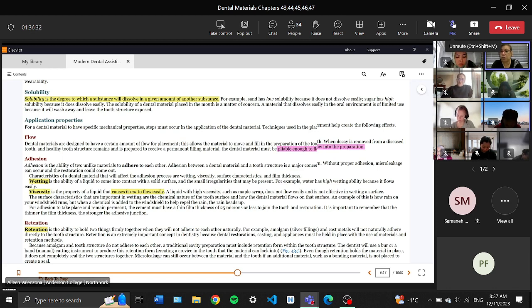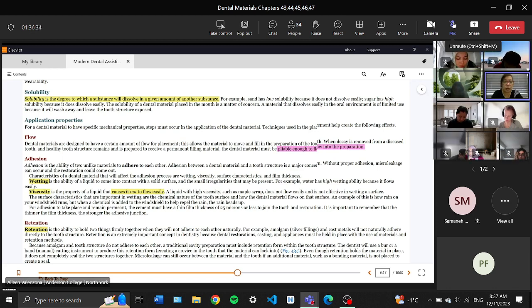When decay is removed from a diseased tooth and healthy tooth structure remains, prepared to receive permanent sealing material, the dental material must be pliable. So we always use the word pliable, pliable enough to flow in the preparation. Pliable meaning you are able to manage it, like a clay dough.